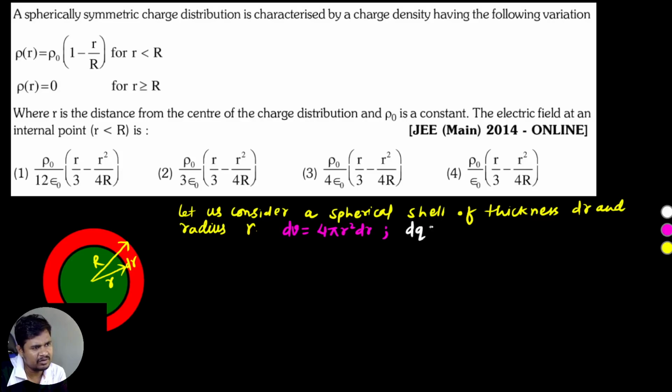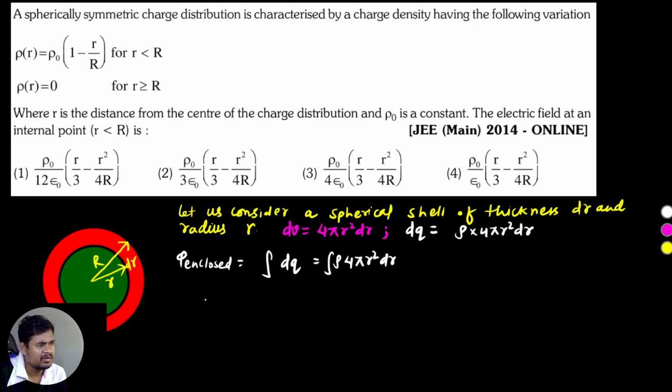So dq will be charge density times 4 pi r square dr. If I calculate the total q enclosed in the green region, then q enclosed will be the integral of dq, and if I substitute the value of dq, this dq is rho into 4 pi r square dr. Now we will substitute rho, which is rho naught times (1 minus r by R), times 4 pi r square dr.